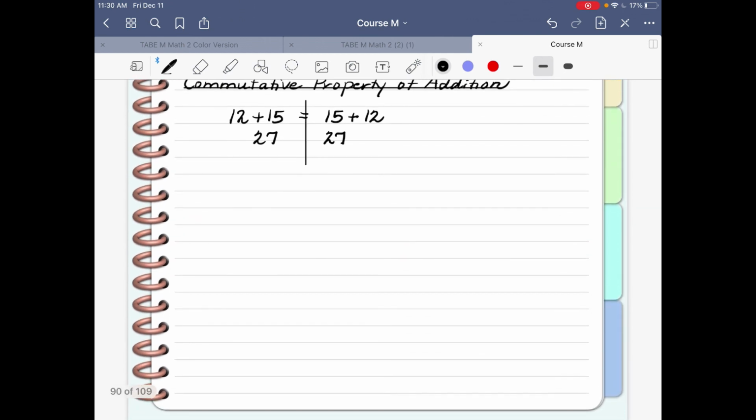Let's check one out with multiplication. So this is the commutative property, or the commutative characteristic, of multiplication.